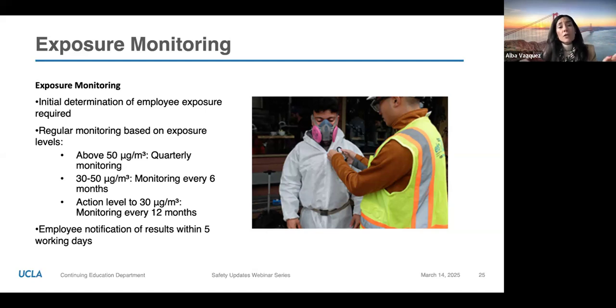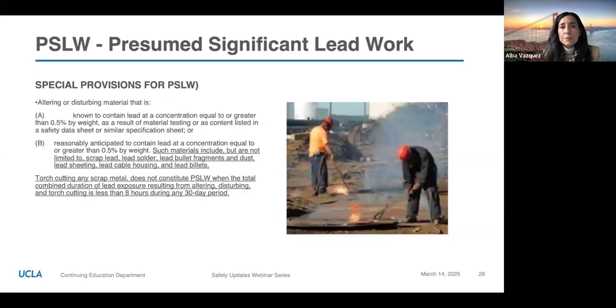And from the action level to 30 micrograms per cubic meter, monitoring every 12 months. So it's a different kind of frequency, and it's very specific now with the new standard. There's also a requirement to tell the employee within 5 days of the results of how much lead they're being exposed to.